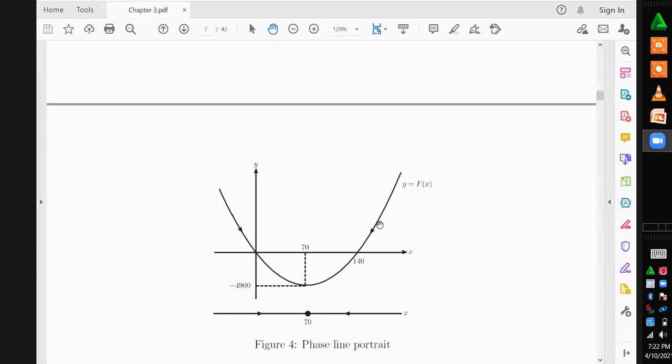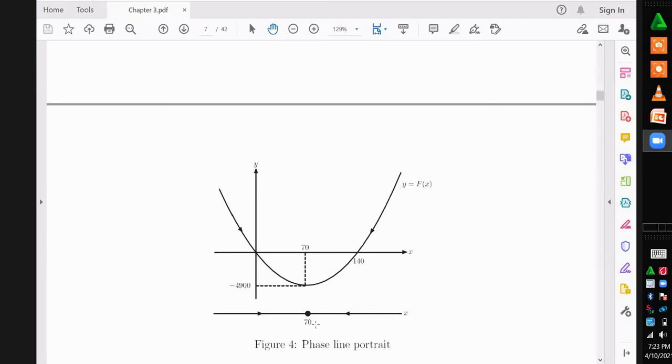This is the potential energy function, and x equal to 70 is the point of minima of the potential energy function, and the minimum value is this.